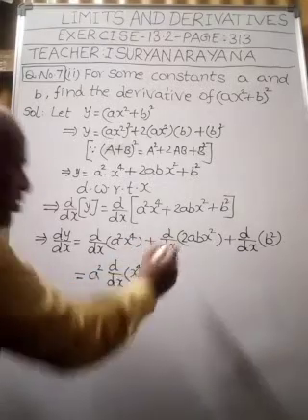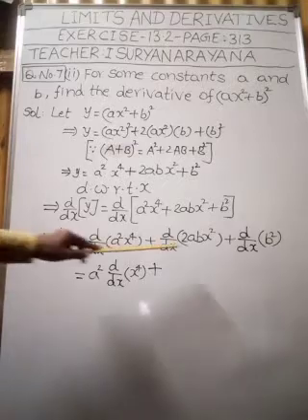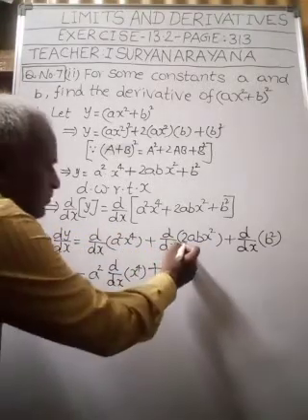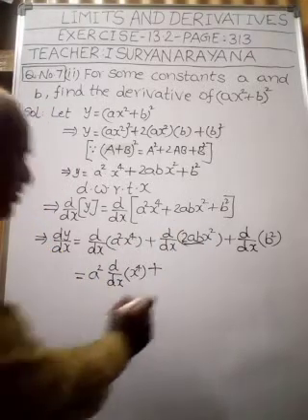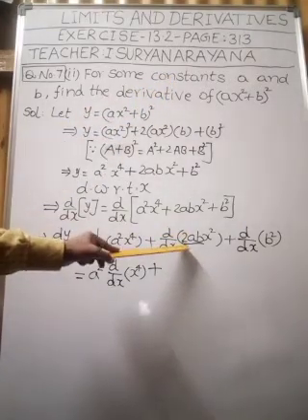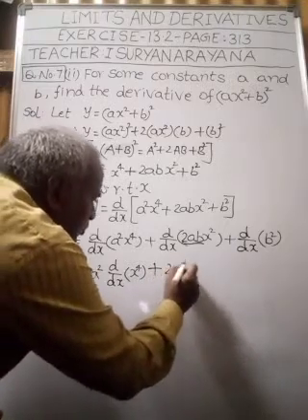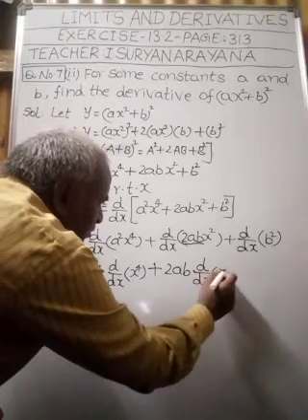Right. Now come to the second term. Here we have to find the derivative of this function. Here also, if you observe, 2ab is a numerical coefficient because a and b are constants. 2 is also a numerical quantity. So 2ab into d by dx of x square.